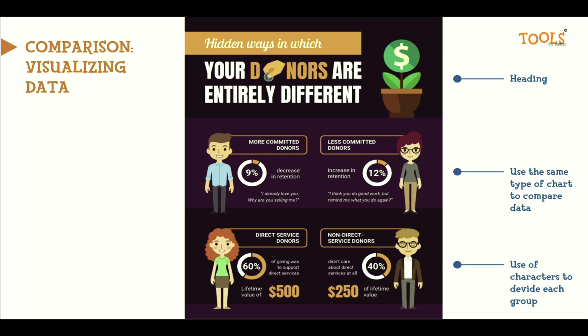Yeah. And you don't have to make use of very strange borders or those kind of things to divide the four. No, because you see that what belongs together is nicely put together. So every donor has its own character and the little title and a graph and a little bit of text to support it. It's all nicely put together, so you can immediately see that it belongs together.